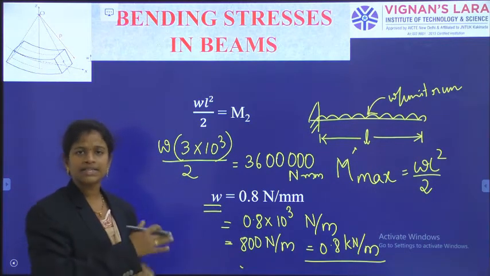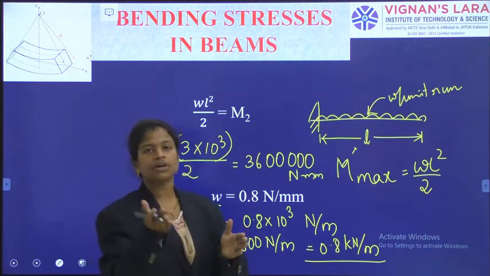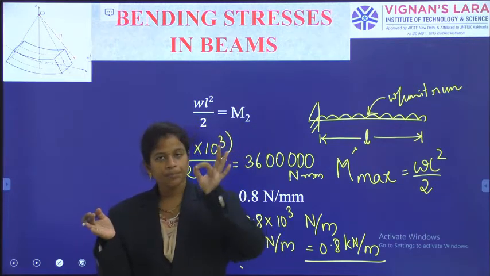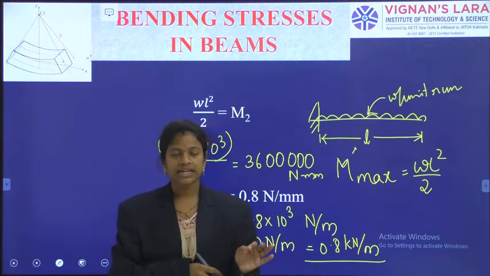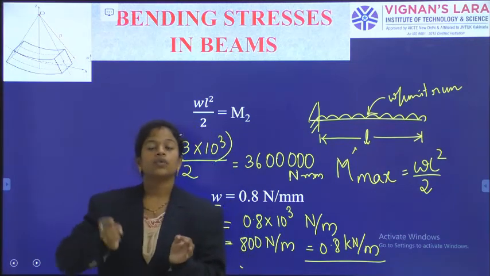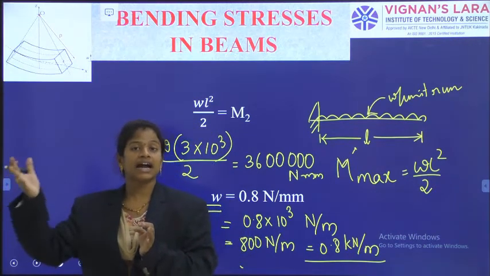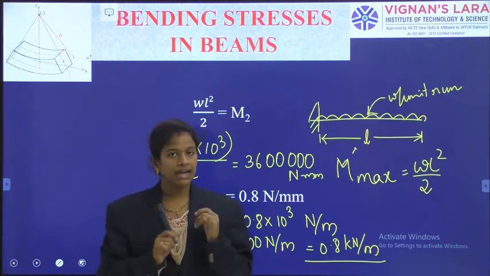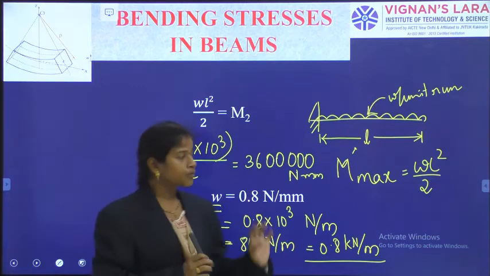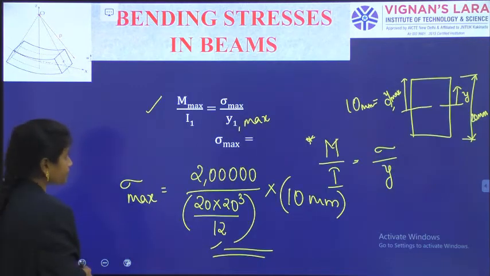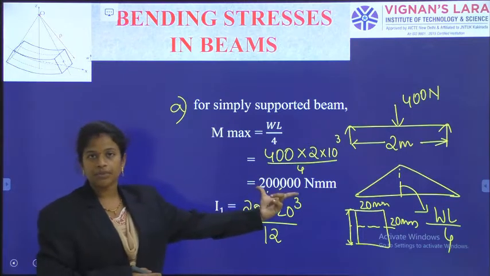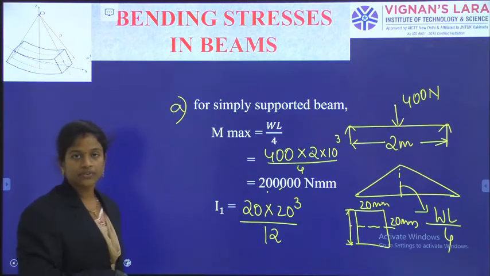So what have we done in all these steps? Simply remember the condition they have given. We have a simply supported beam with a point load at the center. For that condition, we need to calculate the bending stress occurring when the member is failing. So due to the applied load, we have calculated the maximum bending moment, and also we have calculated the moment of inertia.